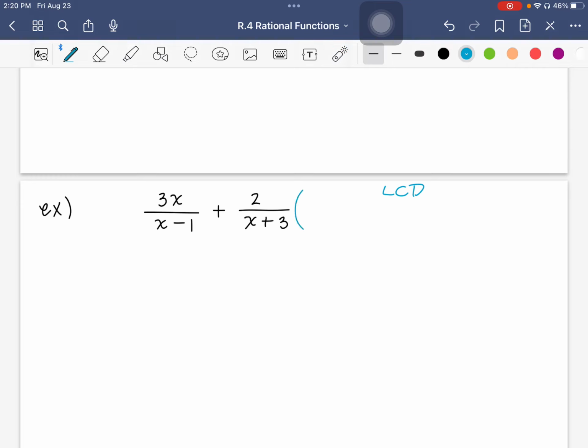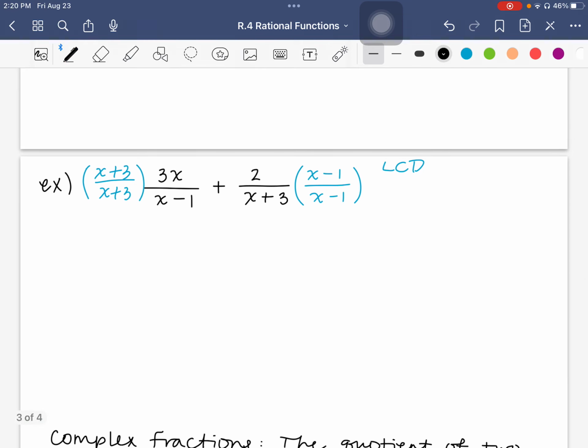So what we'll do is we'll multiply this guy here by our denominator on this side, on the top and bottom. And then we'll multiply this guy here with this denominator on our top and bottom. All right. So multiplying this out, we're going to distribute this 3x to x and 3 here.